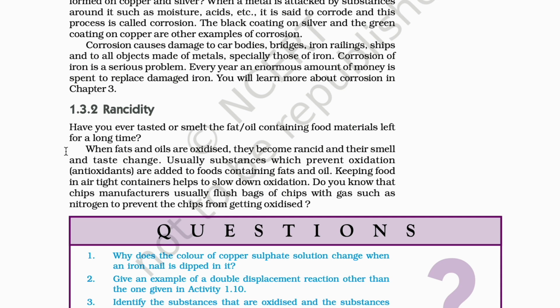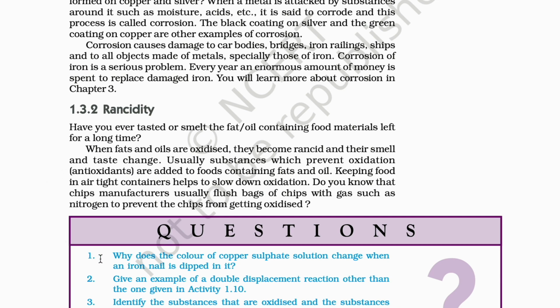Usually, substances which prevent oxidation, antioxidants, are added to foods containing fats and oil. Keeping food in airtight containers helps to slow down oxidation. Do you know that chips manufacturers usually flush bags of chips with a gas such as nitrogen to prevent the chips from getting oxidized?